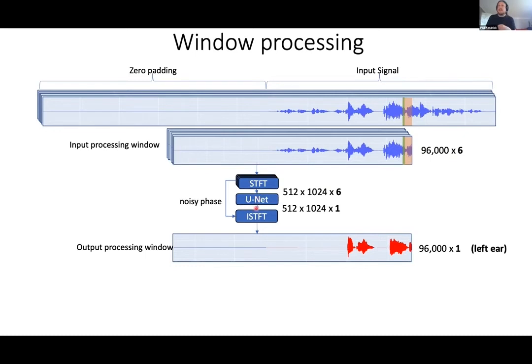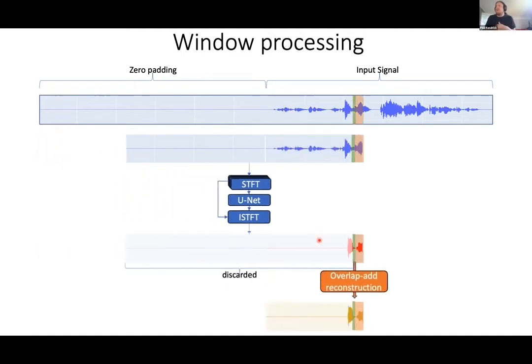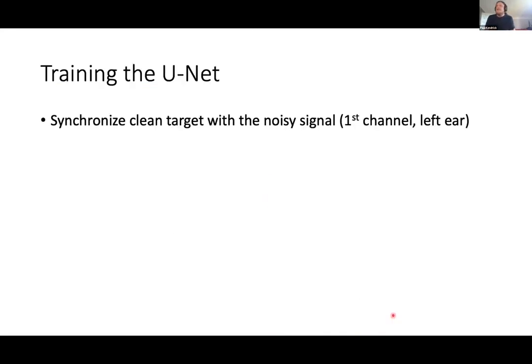I'll explain that in a second. I then perform an inverse short-term Fourier transform, again using the noisy phase just from the left ear, and I end up with an output processing window of 6 seconds. Then I only take the last 80 samples of each of these output processing windows and use overlap-add reconstruction to form the final output.